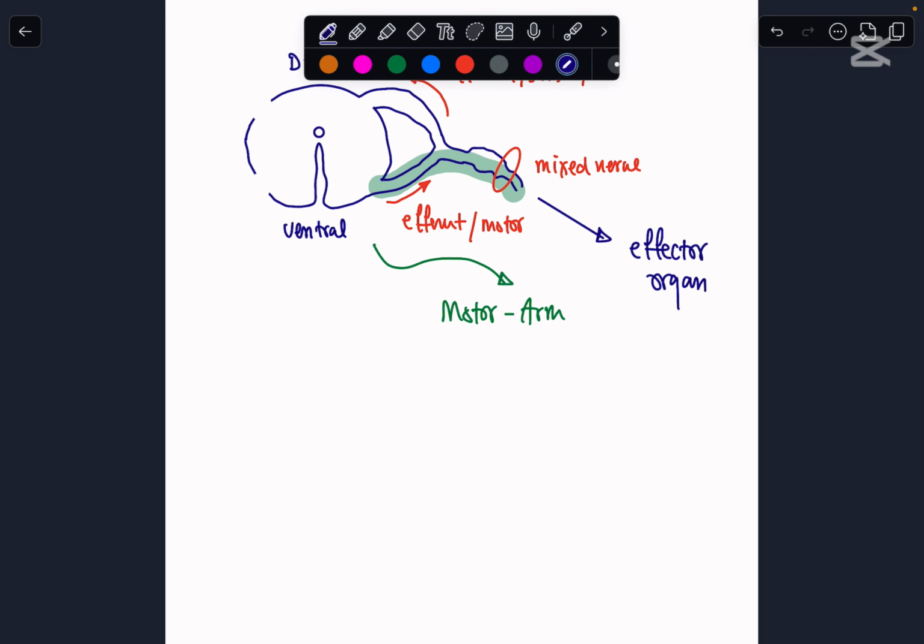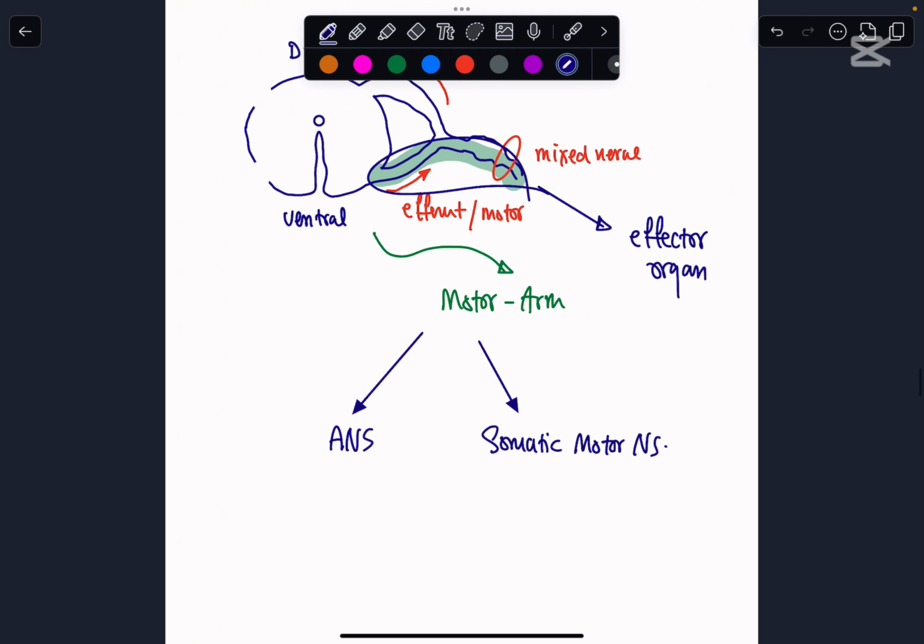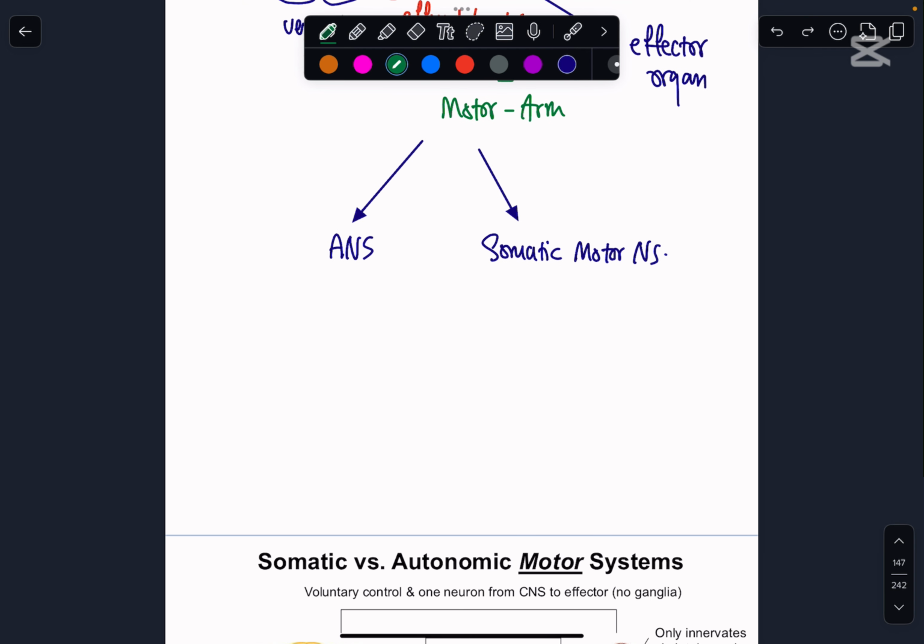So now when we look at the differences between what we call the autonomic nervous system and what we call the somatic motor nervous system, this green part, this arm here, which I'm going to draw in green, is actually only what we call a one neuron system.